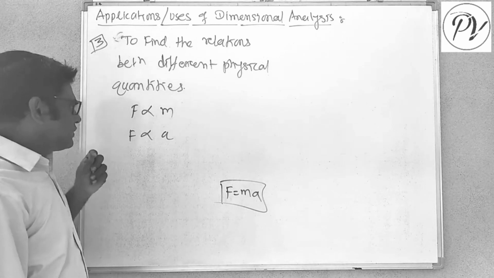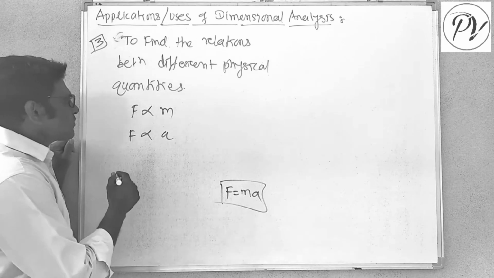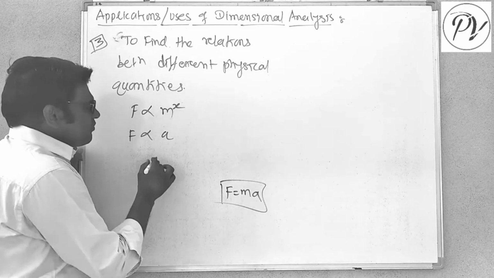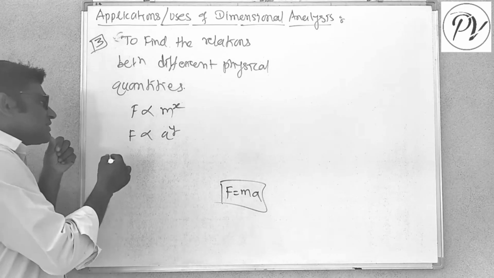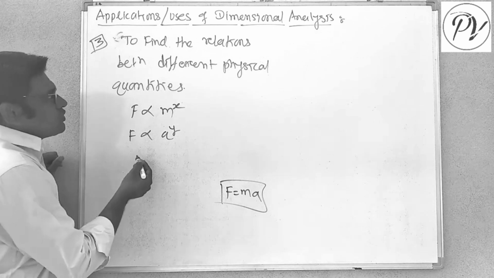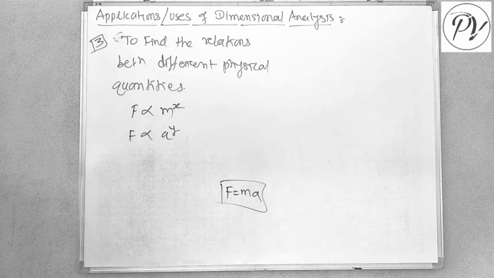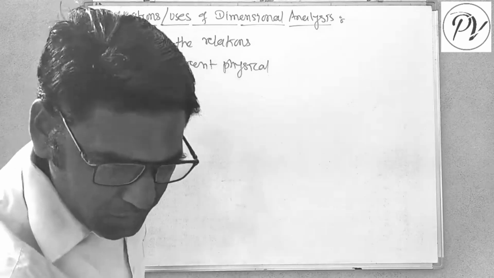Okay, so how to do this? How to solve this type of numericals? So let us say the power of m is x, the power of a is y. So let us use dimensional analysis and find the relation between these. Okay, so how F is equal to ma, that is what we have to find out.